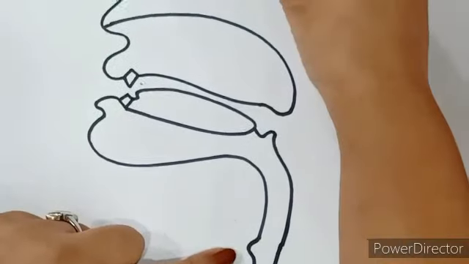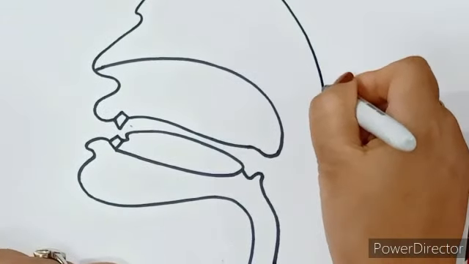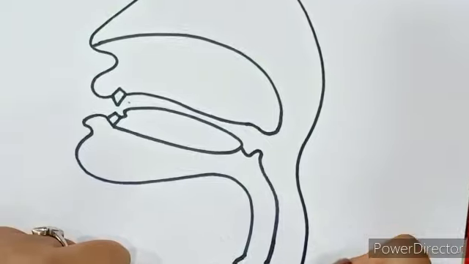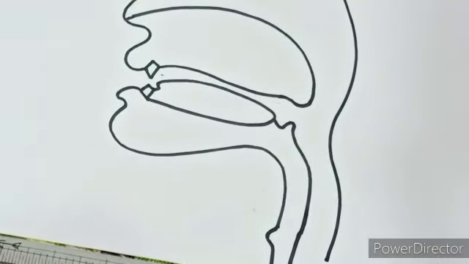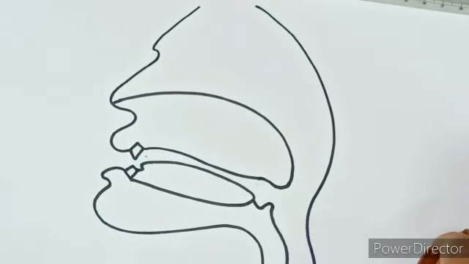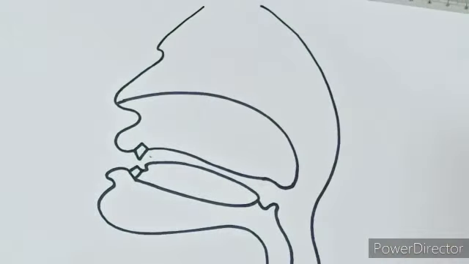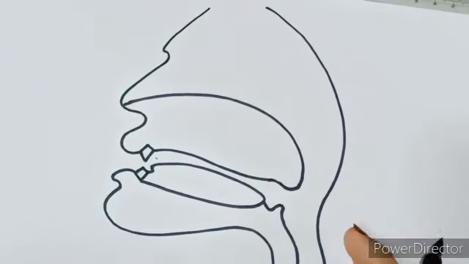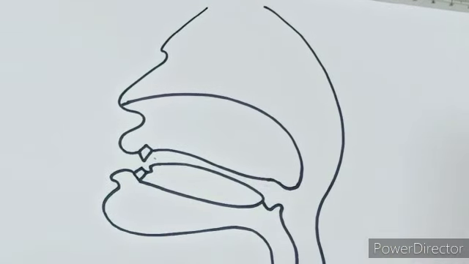I'll now just cover this up and finish the head portion. If you look at it, this is a very rustic, very simple way of drawing a vertical cross section of your organs of speech. And now the next thing we need to do is label it.